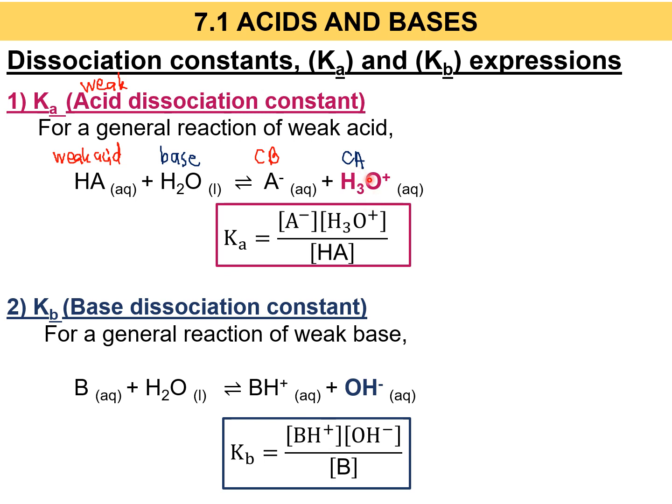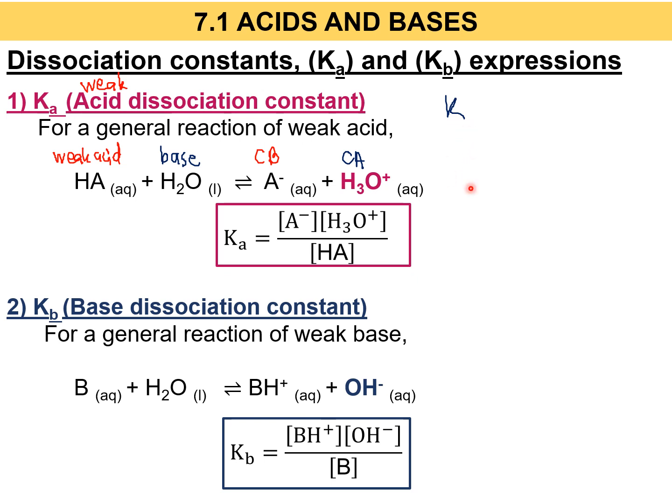So how can we build the dissociation constant? If you look at subtopic 6.2, K is the equilibrium constant. But in chapter 7, K is the dissociation constant.